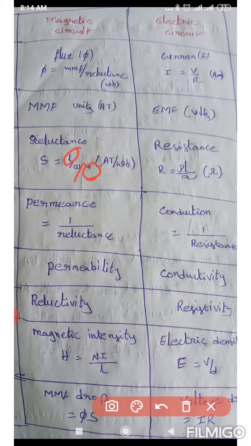Next, in electrical circuit we use the term conductivity. Conductivity is the property of the material which allows the flow of electrons. It is the inverse of the resistance. Similarly, in the magnetic circuit, it is expressed as permeance.